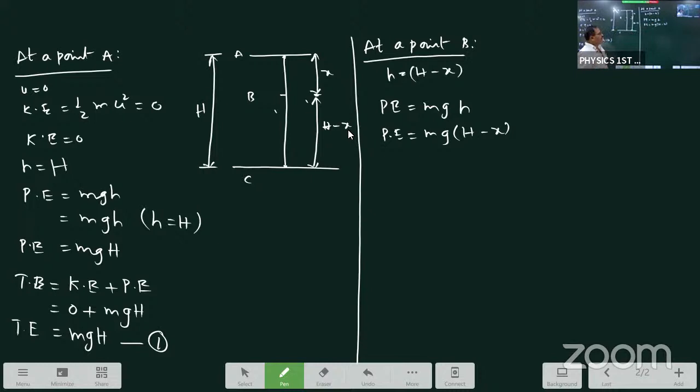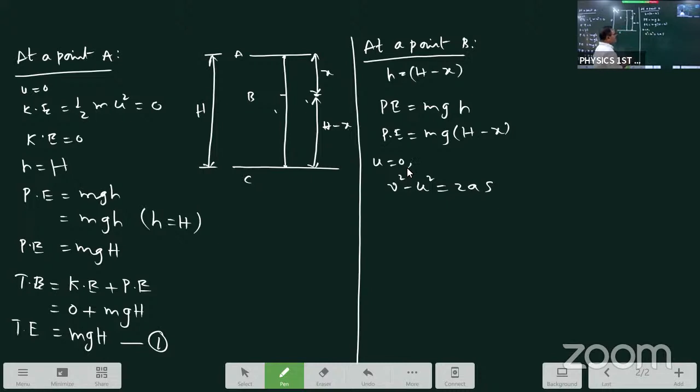Then we go for kinetic energy. The body traveled from A to B, so it has some velocity, and we have to find that velocity. The body traveled from A to B with a displacement x, so we find velocity using the equation v square minus u square equals 2as. For this, the initial velocity u is 0.